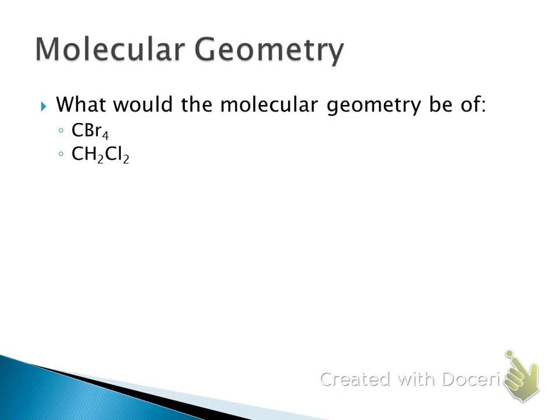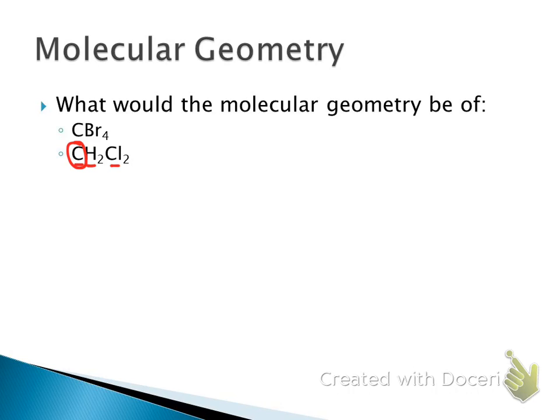Okay. Let's go ahead and look at our next molecule here, CH2Cl2. Okay, it looks a little bit more complex than what it really is. Let's determine which should be our central atom from these choices here, carbon, hydrogen, or chlorine. Which should be our central atom here?